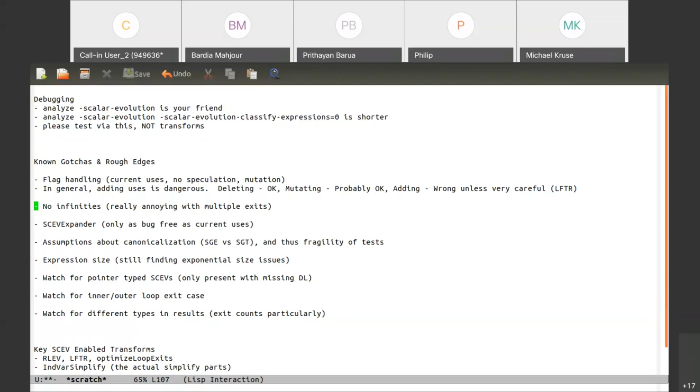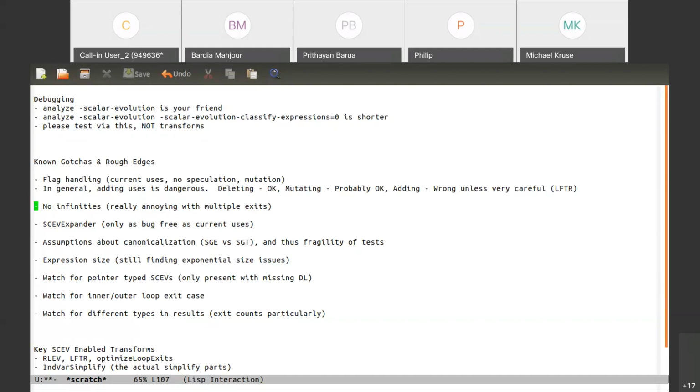One of the really tempting things that you have to be very careful of is that adding a new use of a SCEV expression may require invalidation of both the flags on the SCEV and the flags in the underlying IR that you're adding the use to.